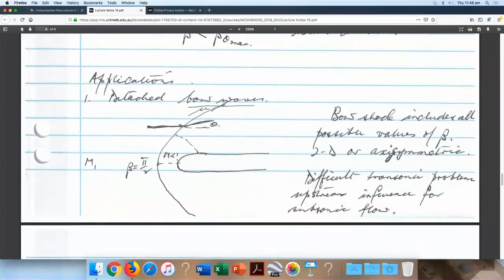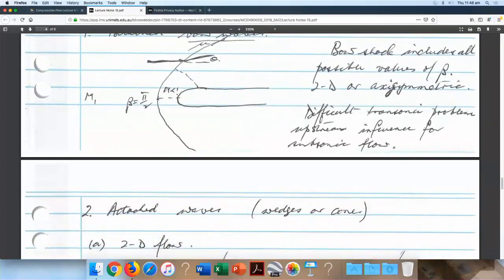Excuse me, Gary. Yes? Can we know the distance between the shock wave and the object? No, I don't know how to do it. And that's what I'm really saying. This is a difficult transonic problem. You've got regions here where Mach number is very close to 1, and it's very hard to solve. You can solve it numerically, of course.